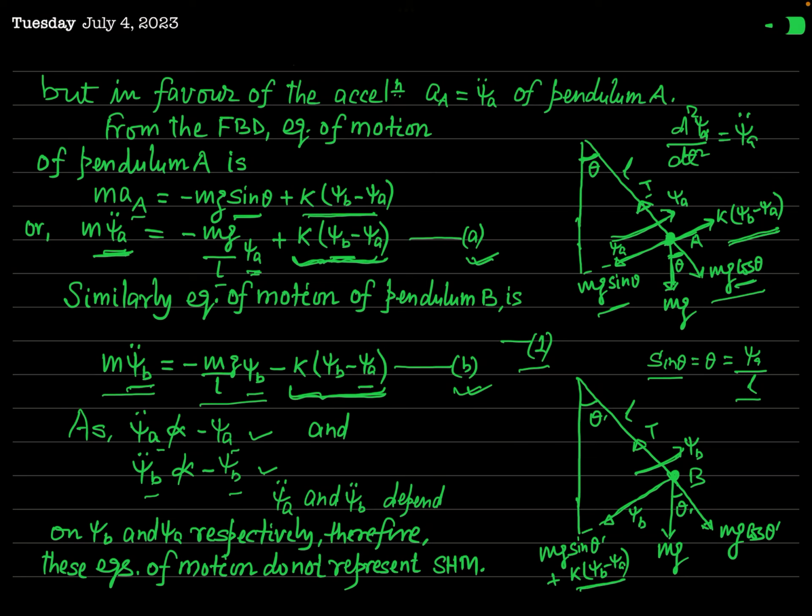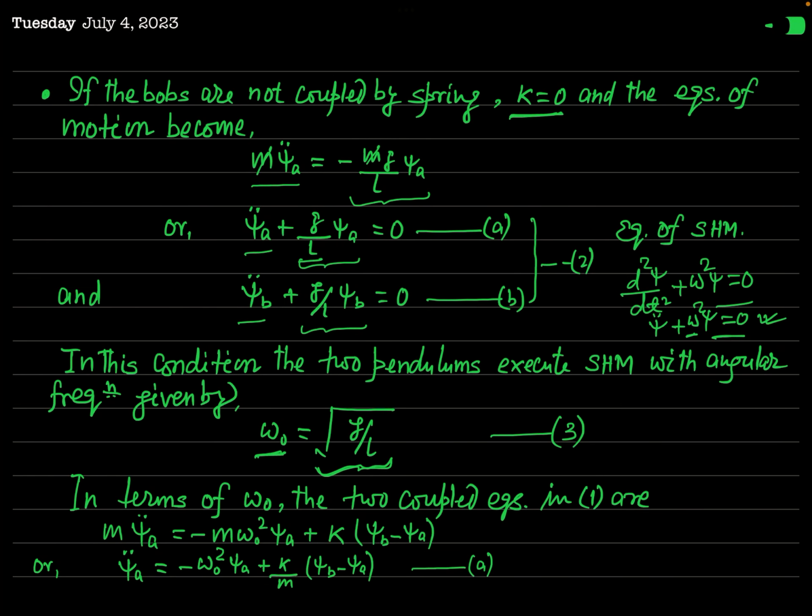You can see that instead of this g by L present in both of these equations, you can write omega naught square. So at the place of g by L in equation 1a and 1b, we will now write omega naught square in the light of this equation 3.